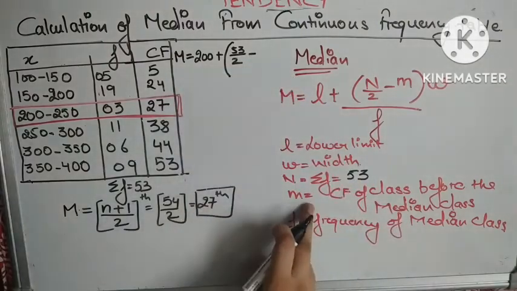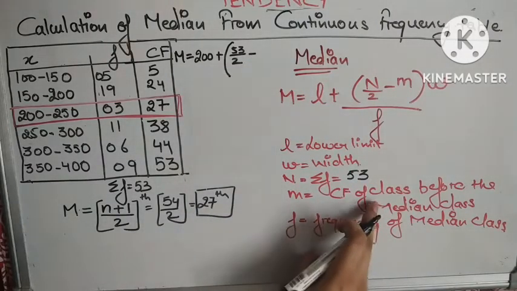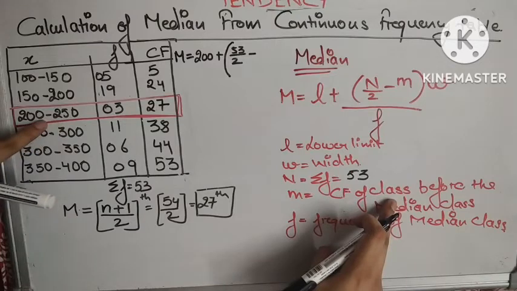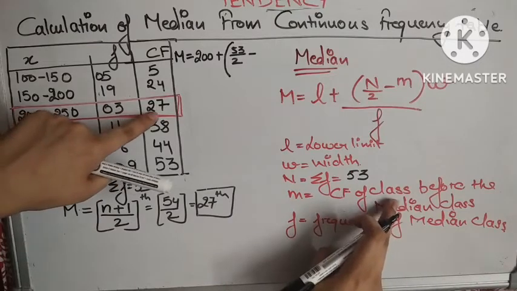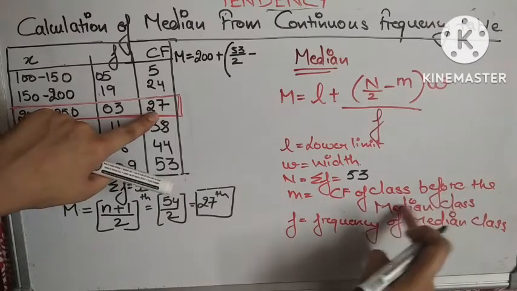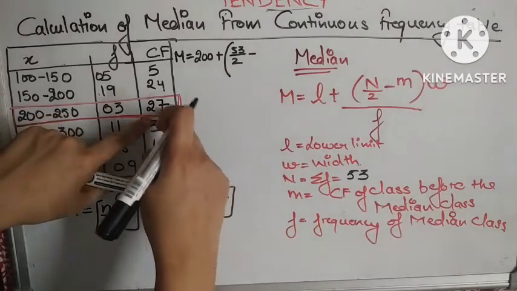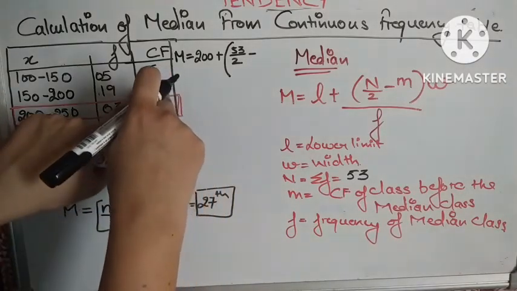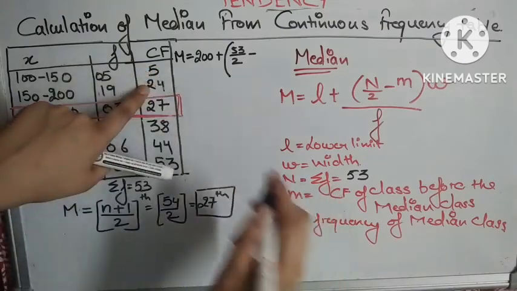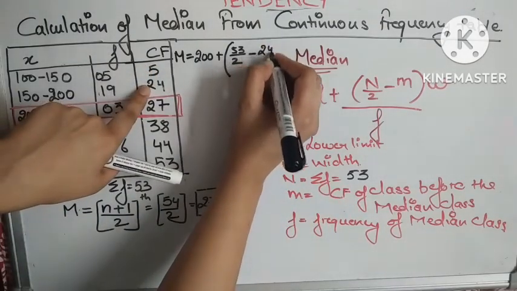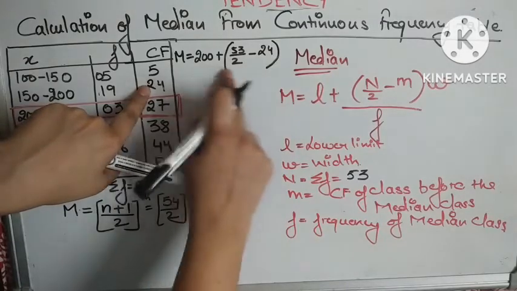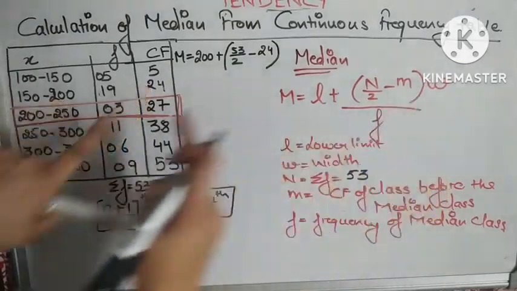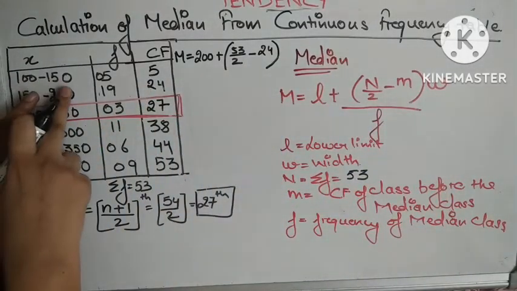Then what is m? m is the cumulative frequency of the class before the median class, which is 24. Then the width: how will you find it?